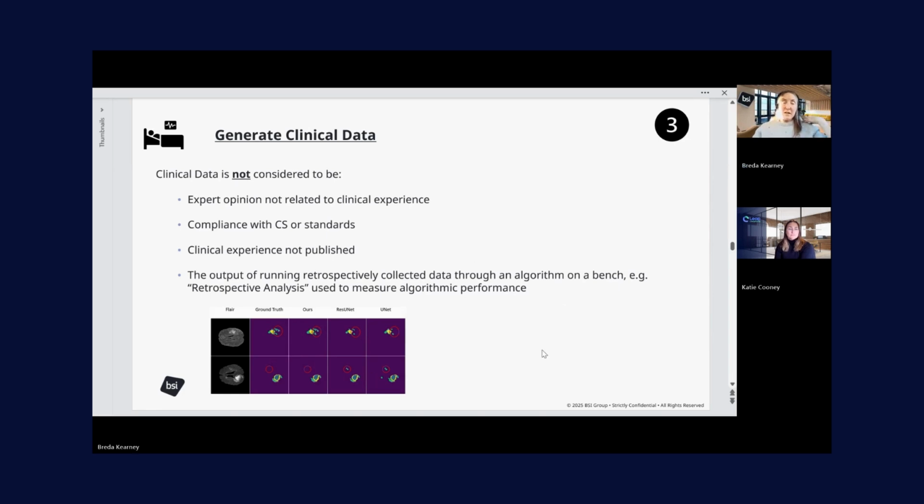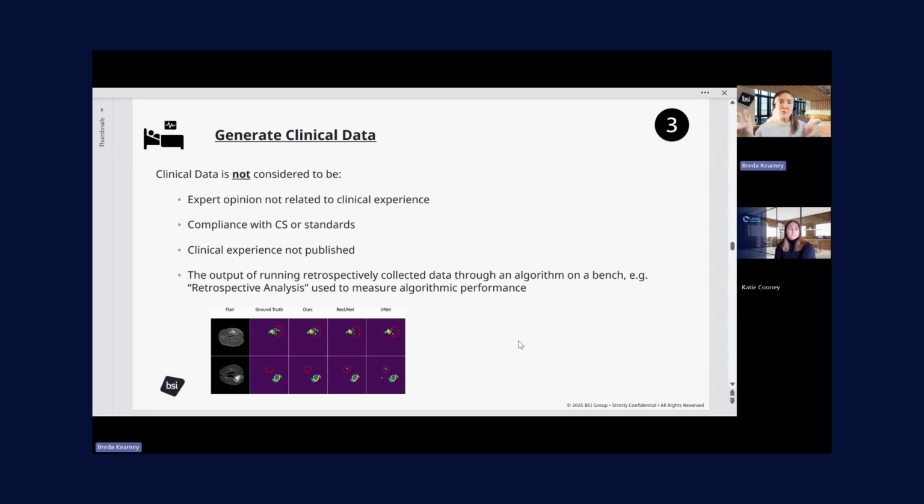What they're talking about here is a lot of the times with software, you can demonstrate technical performance by taking images or data that's been pre-labeled and you know the results, what they're expected to be, and you can train your algorithm based on that data set.